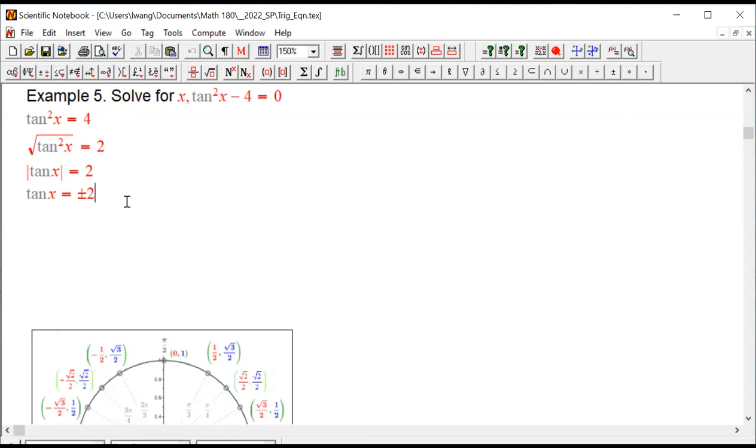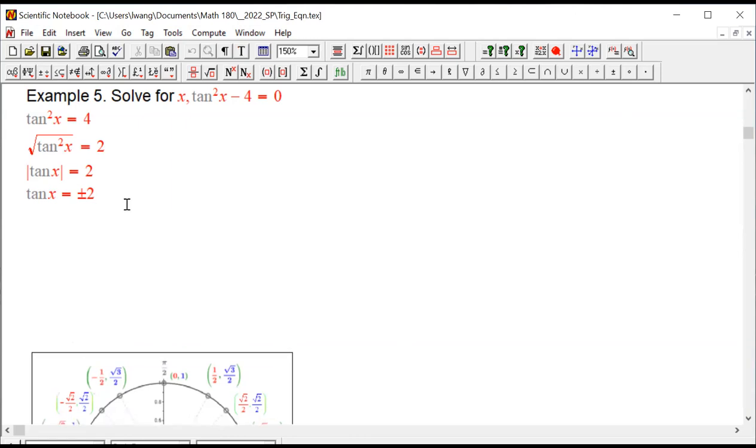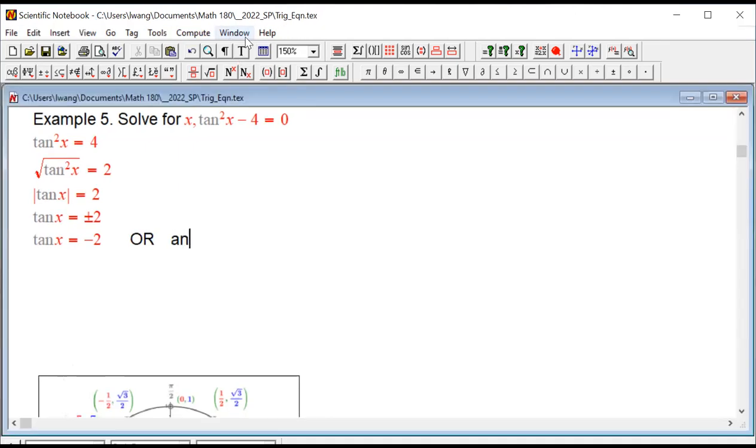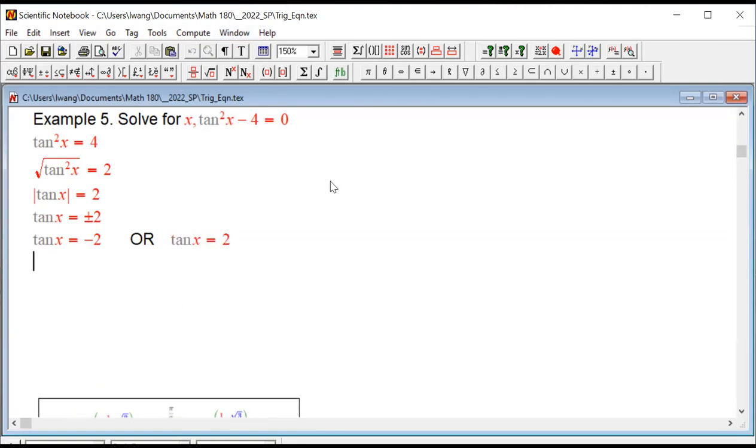Not a special angle. We have 2 equations here: tangent of x equals negative 2, and the other one is tangent of x equals positive 2.